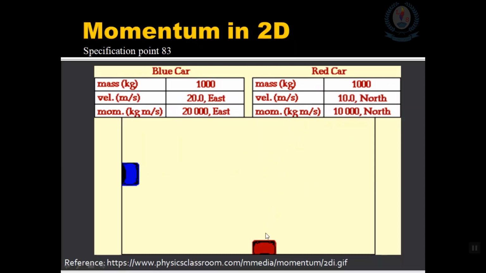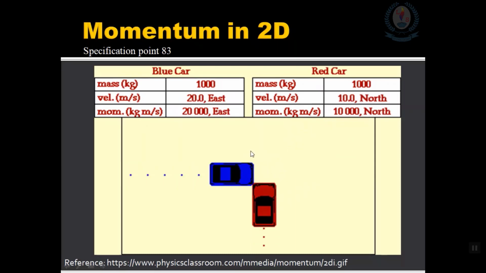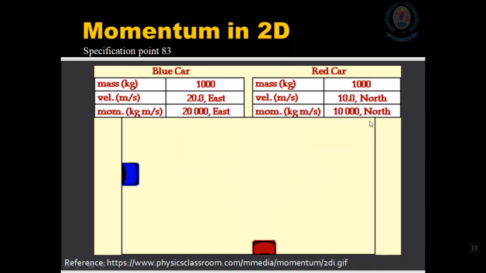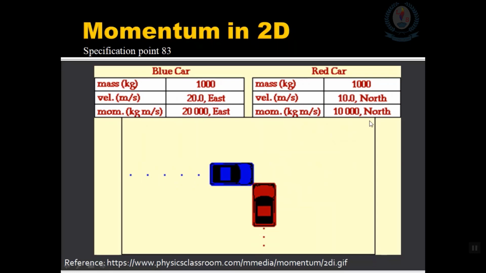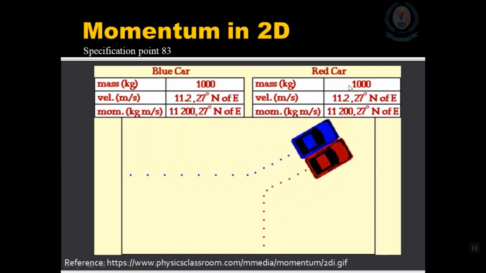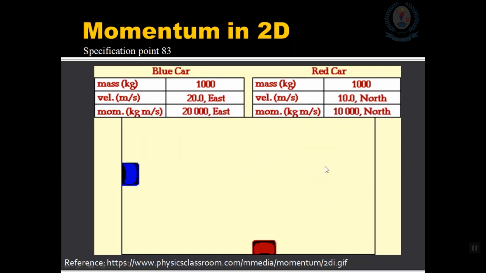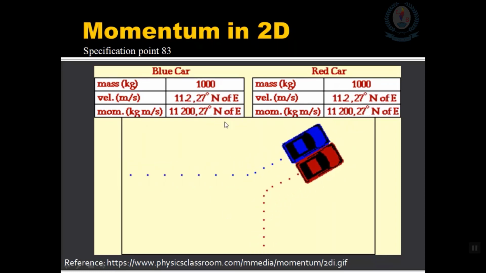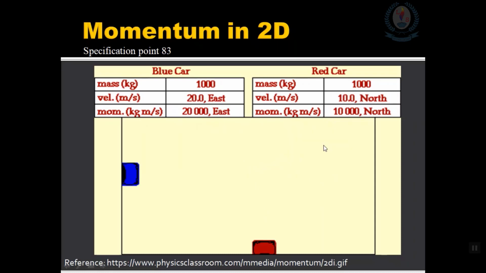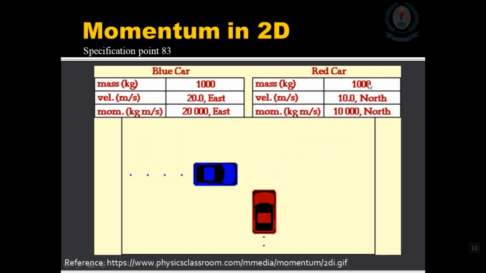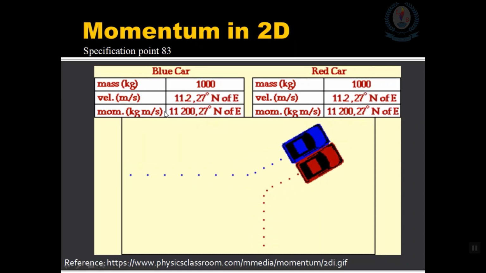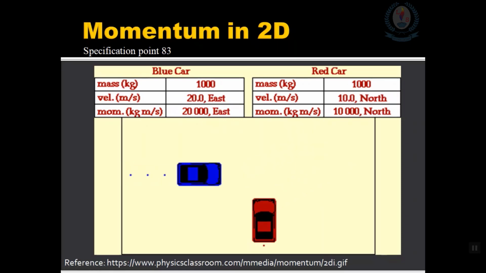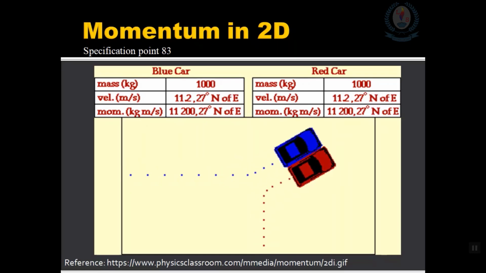Now we will think after the collision, both red and blue cars collide with each other and move towards the northeast direction. Mass of both of them will be 2000, and both of them would have a velocity of 11.2 meters per second. So 2000 multiplied by 11.2, if we take it in that way, it would be a bit of a problem. We should not take it in that way.